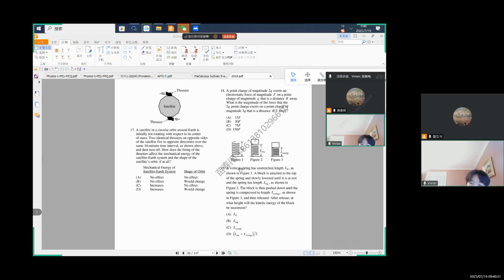Oh, isn't it just L0? Because that means all the force in the spring is being put in the block. Why? Wait, it shouldn't be L0, because if you press it down and then it goes, the spring will go back to L0.